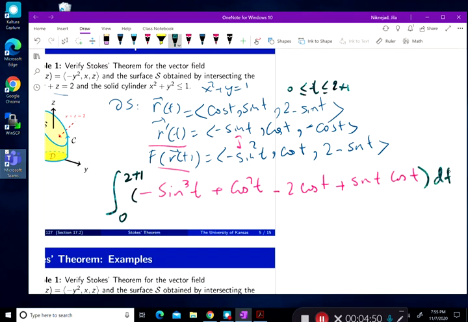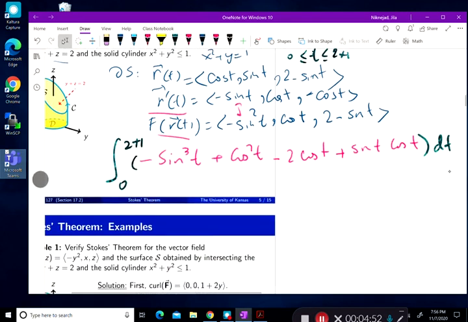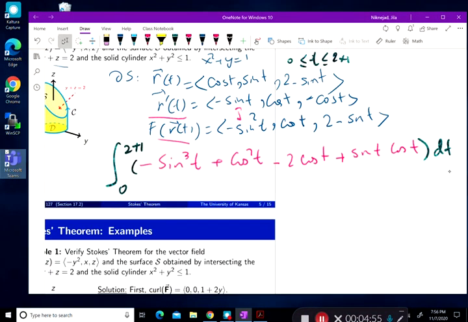Now, when you're taking this integral, there's so much to take the integral of. You notice that the integral of sin³ t from 0 to 2π is going to be 0. Negative 2 cos t is going to be 0 from 0 to 2π, and sin t times cos t, which is sin 2t over 2, is going to be 0. So the only one you have to compute is this one.